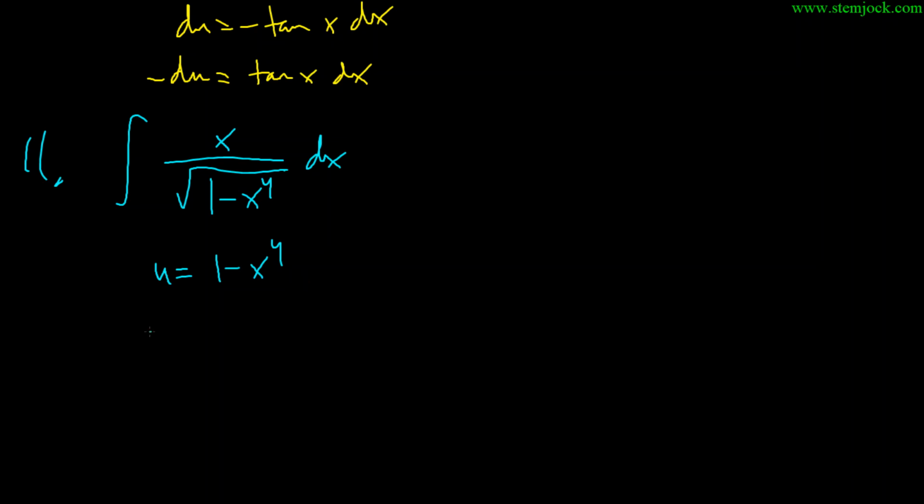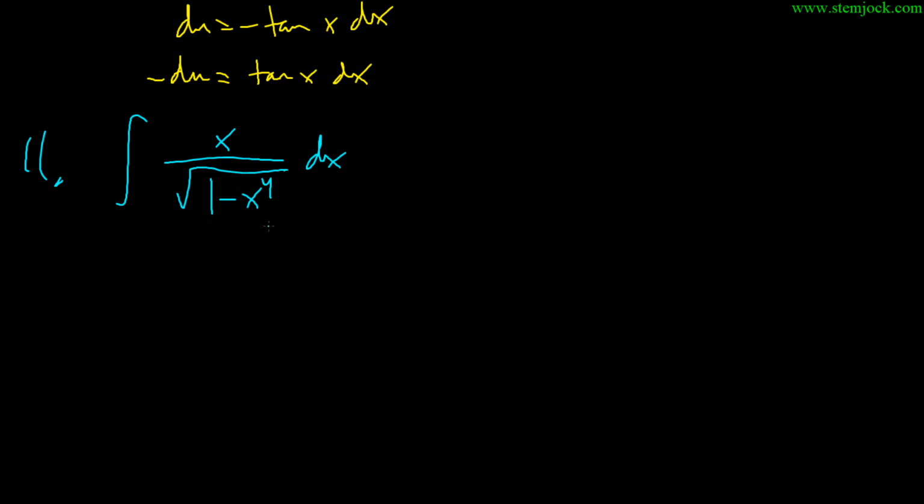But if I take the derivative of both sides, I get du equals negative 4x cubed dx. The problem with this is that in the numerator, I only have 1 x, whereas here I have 3 of them. So this u is not going to work.